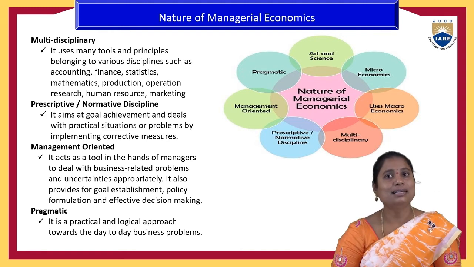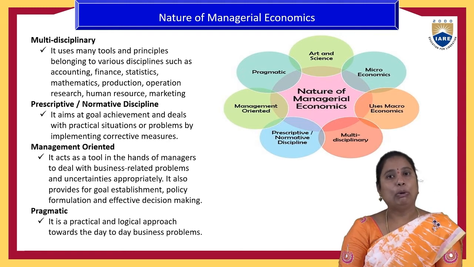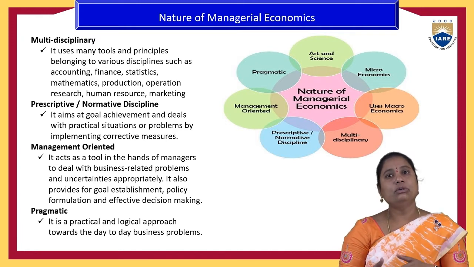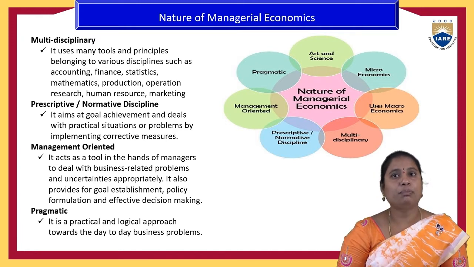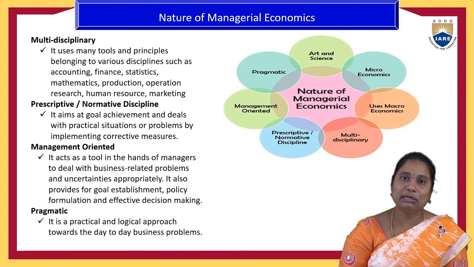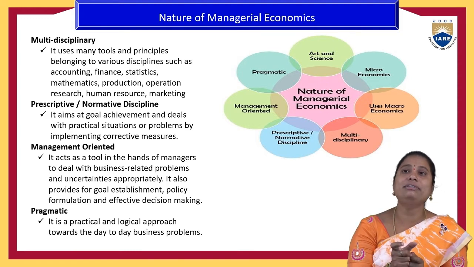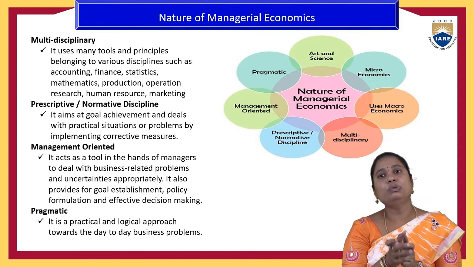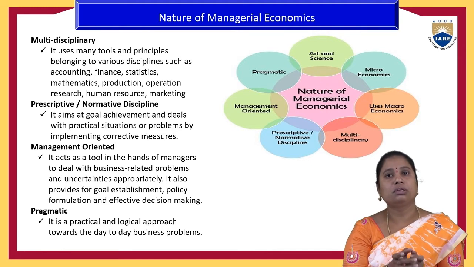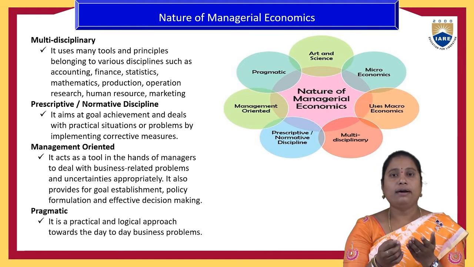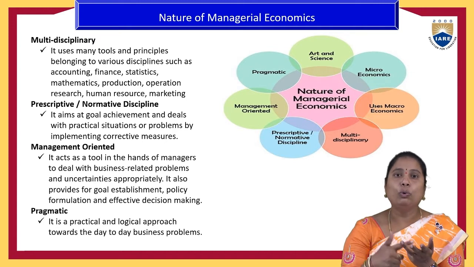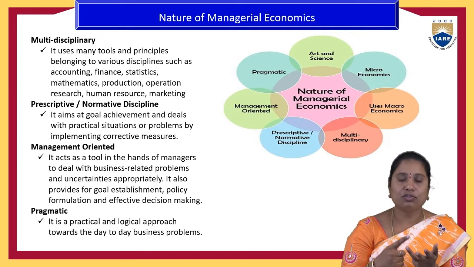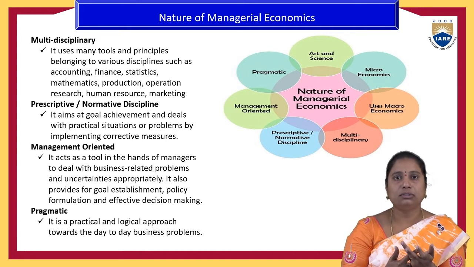The next thing is, it is management oriented, which means it deals with business related problems. Managerial economics, as the terminology itself says, is about management, so it deals with management related problems. For example, in this COVID-19 pandemic situation, if the business is getting less returns, what to do?